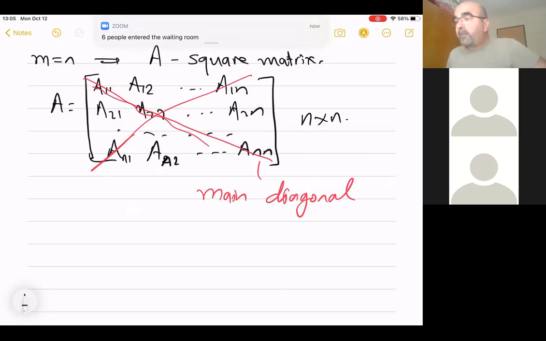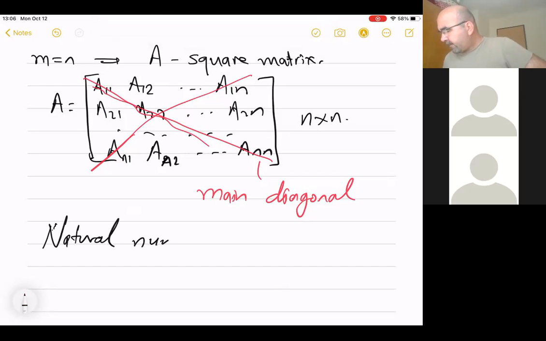Well, sometimes it is confusing what a natural number is. For us, natural numbers, the integers, I will denote by N. It starts from 1, 2, 3.